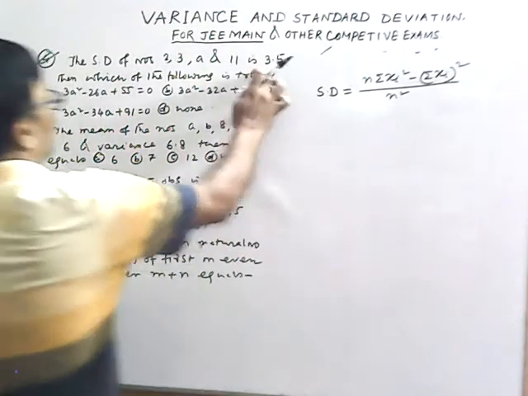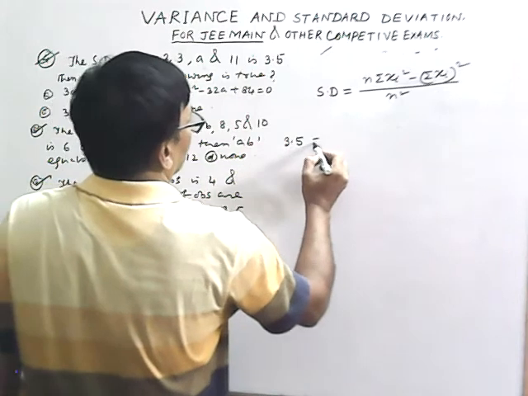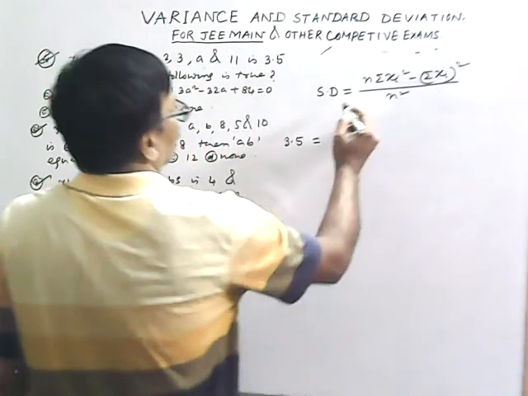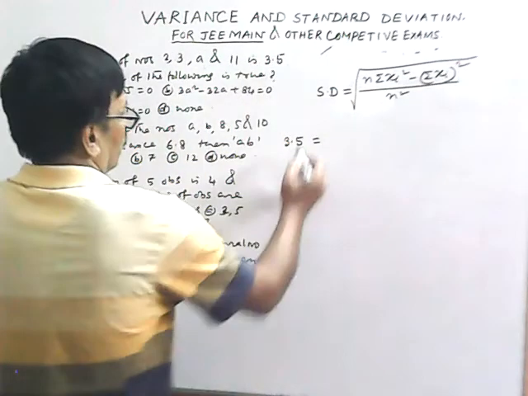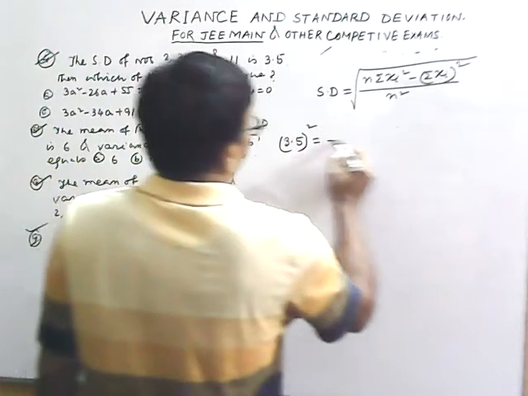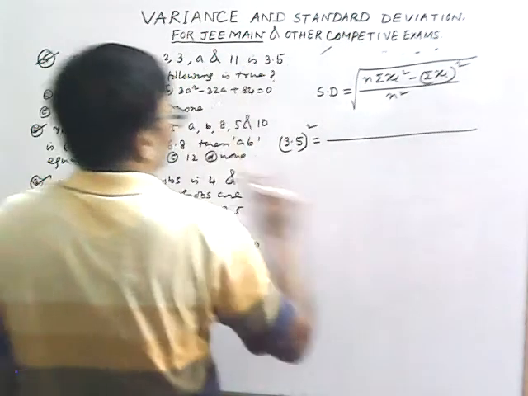So, standard deviation is 3.5. Standard deviation is root over, 3.5 whole square. So, how many terms? 1, 2, 3, 4.